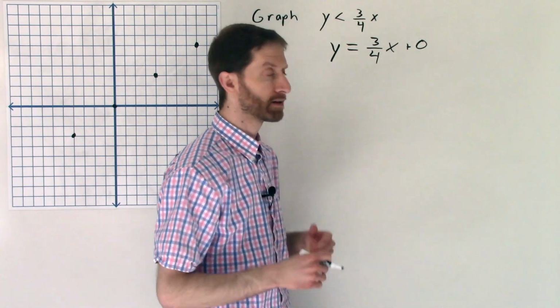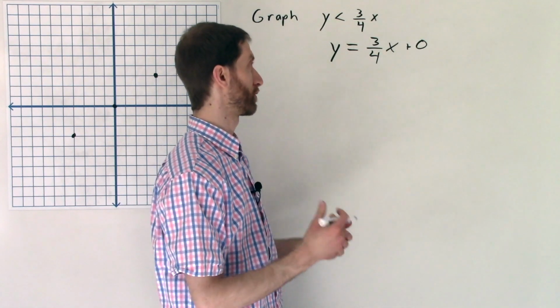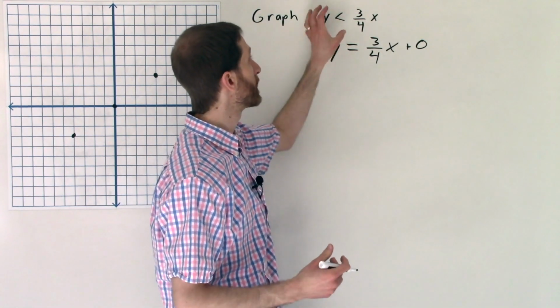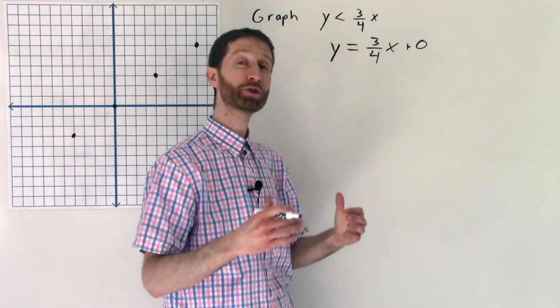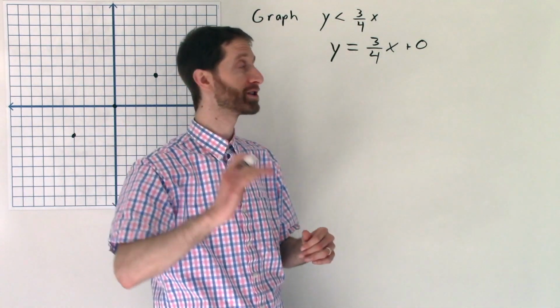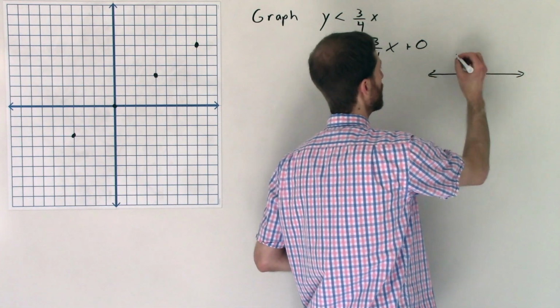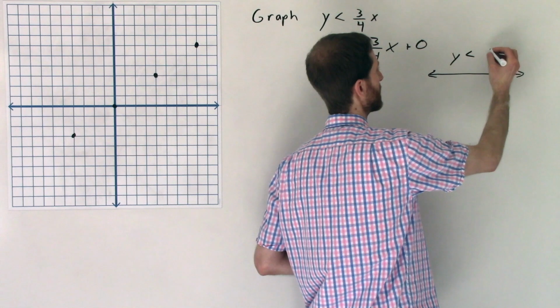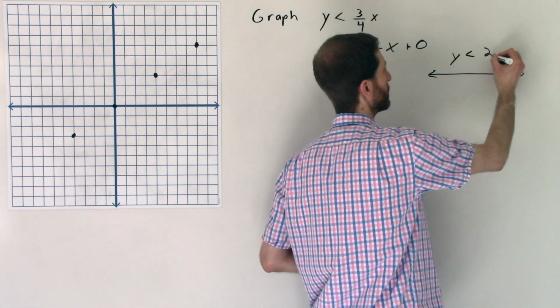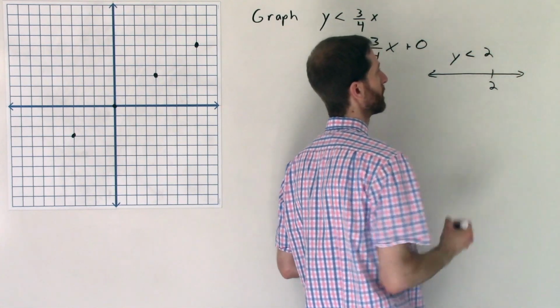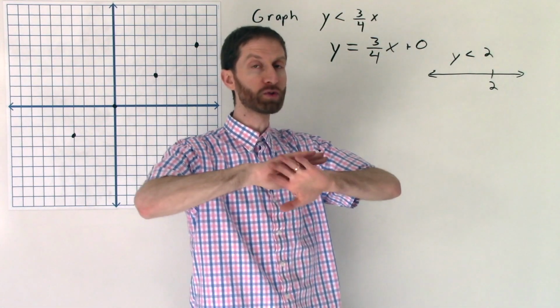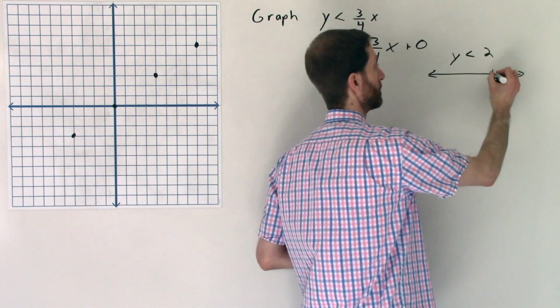As was discussed in video 1 with linear inequalities and graphing them, I'll discuss again the relationship between this and old school graphing on a single dimension number line, right? So let's say that you had the inequality y is less than, I don't know, 2. So you got the value 2 here. You would have an open circle because you do not want to include the value of 2.